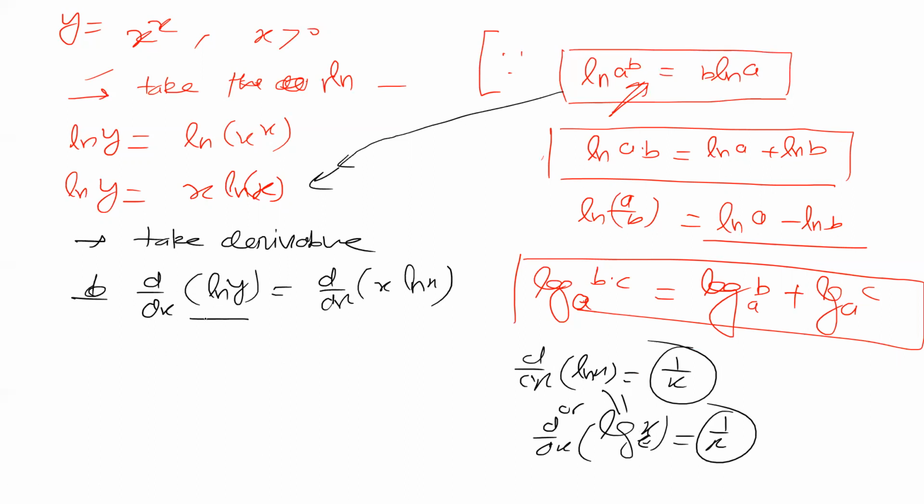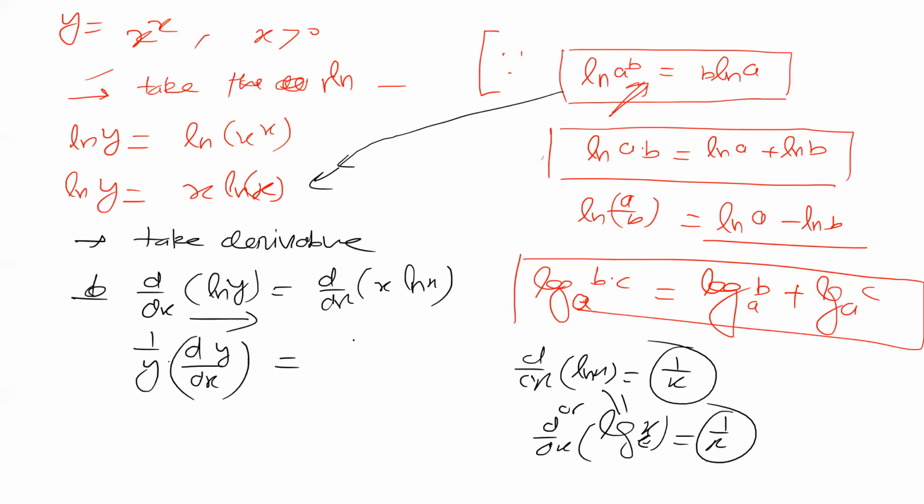Then how to solve it? Just apply the chain rule. The derivative of ln y is 1 by y into the derivative of y.